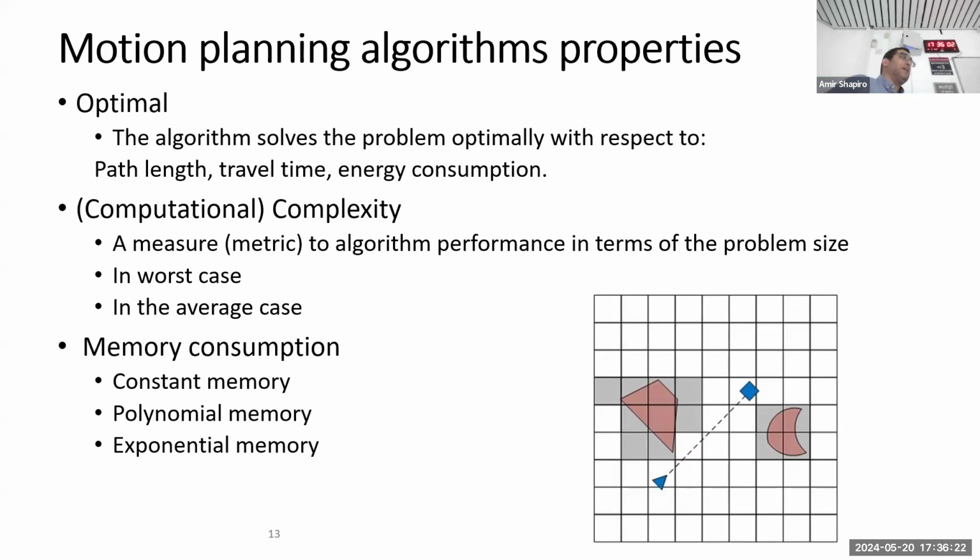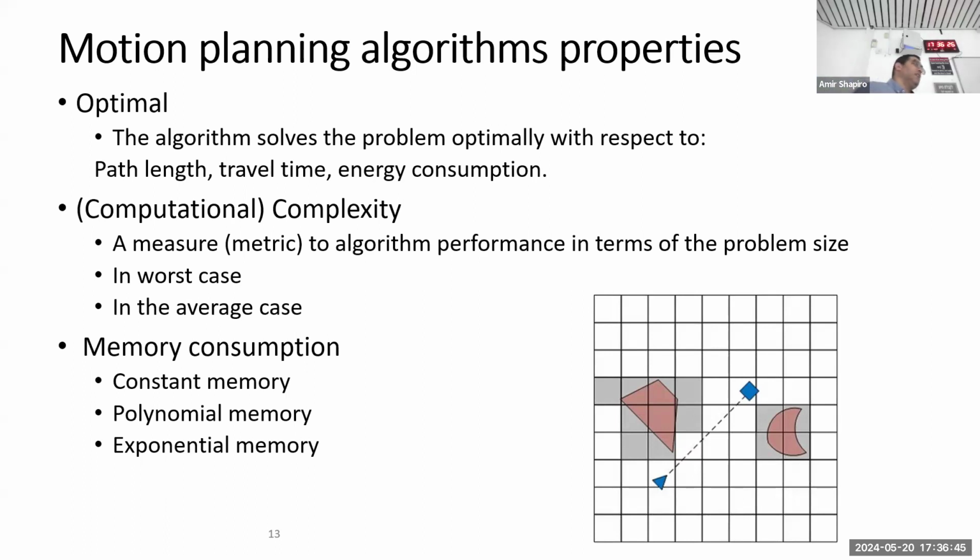It has some complexity. We'll talk about this in a minute. It is called computational complexity. It measures how well the algorithm performs in terms of the size of the problem.